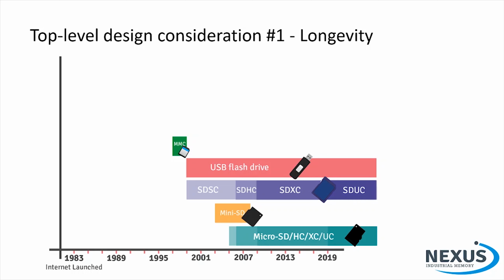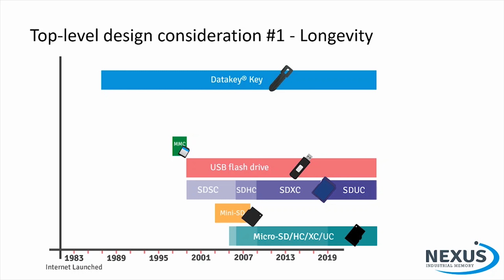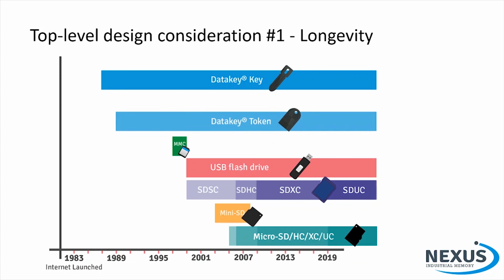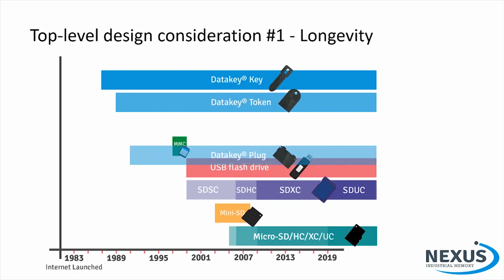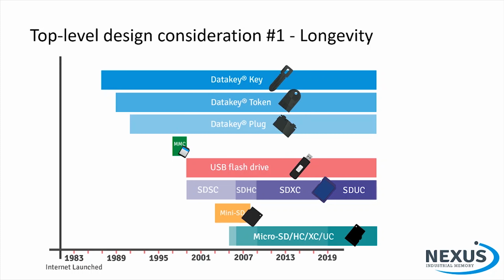The take home from this is that if MMC had been designed into a product in the mid to late 1990s, the form factor's obsolescence 2 years after its launch may well have caught out the product's OEM. Similarly, Mini SD would not have been a good horse to back either. However, 3 data key bespoke form factor removable memory devices, a key, a token and a plug predate even MMCs and are still in production today.